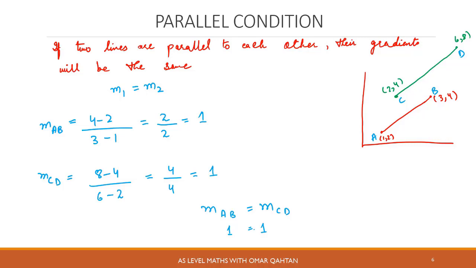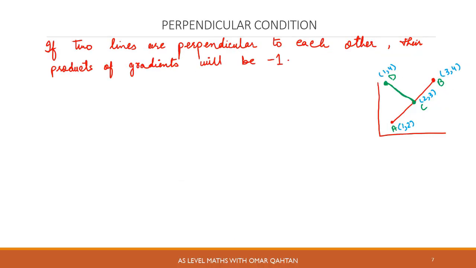Now let's talk about the perpendicular condition for the gradient. In the perpendicular condition, if two lines are perpendicular to each other, the product of their gradients will be minus 1, which means m1 multiplied by m2 should be equal to minus 1.